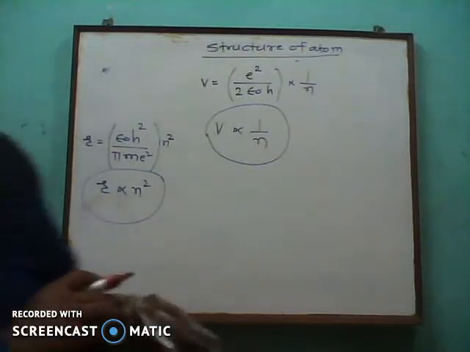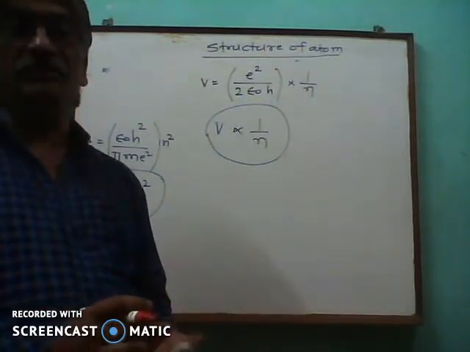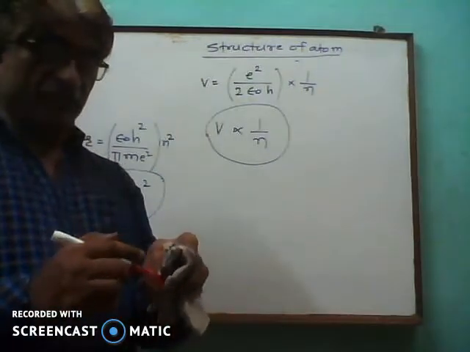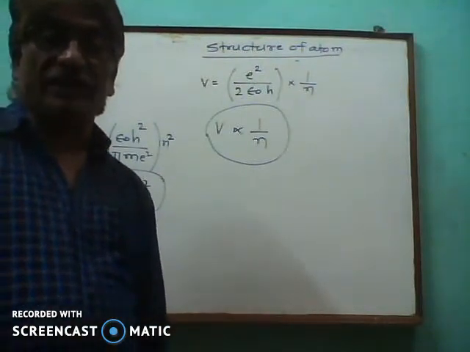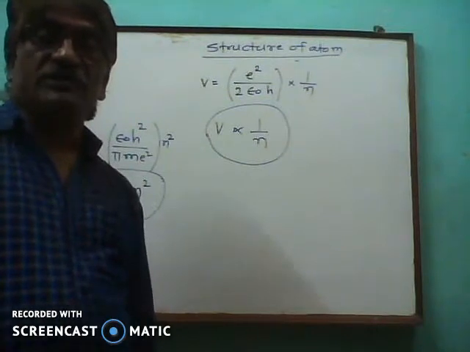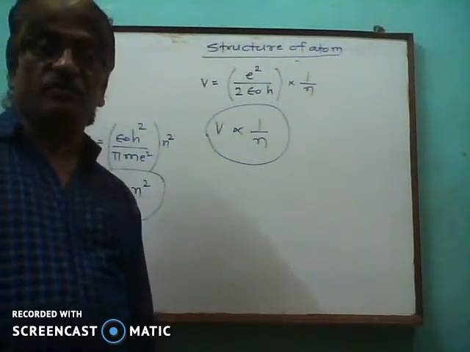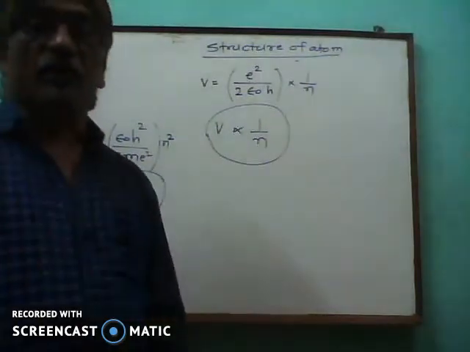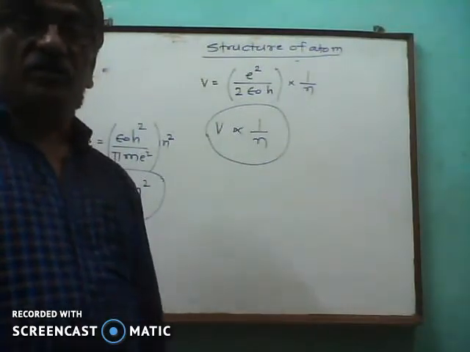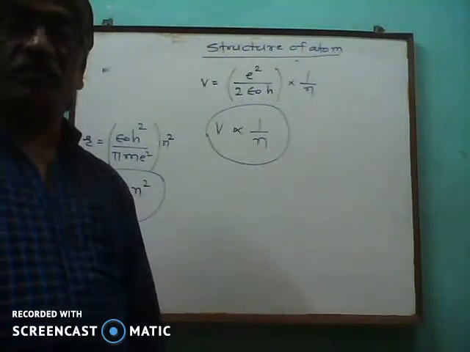to the principal quantum number. So sometimes a question will be asked in that pattern, that is, show that velocity of electron in Bohr's theory of hydrogen atom is inversely proportional to the principal quantum number.